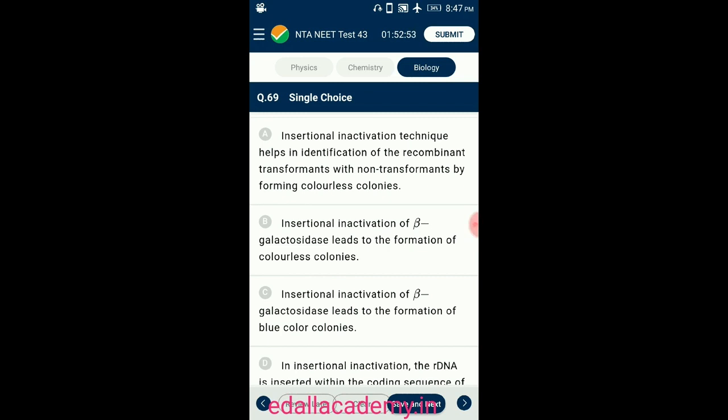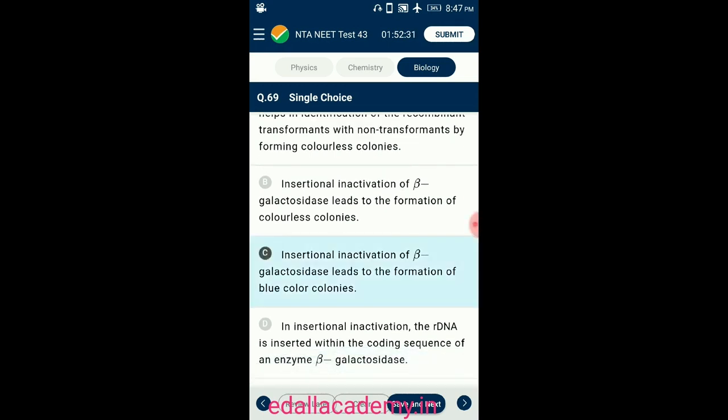A recombinant DNA is inserted within the coding sequence of the enzyme beta-galactosidase. This results in insertional inactivation and the colonies do not produce any color. So the answer for this question is option C. Insertional inactivation of beta-galactosidase leads to the formation of blue color colonies.